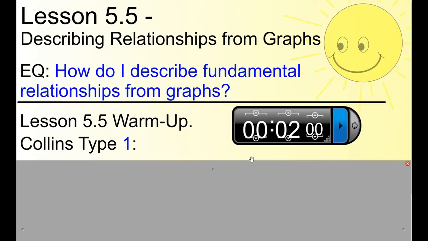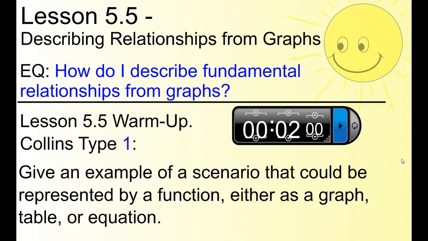Okay, and our warm-up, we have a type 1 with 2 minutes on the clock. It says, give an example of a scenario that could be represented by a function, either as a graph, a table, or an equation. So I'm looking for a scenario, a word problem. You don't have to write out the whole problem, but give me an example of something that can be represented using a function.